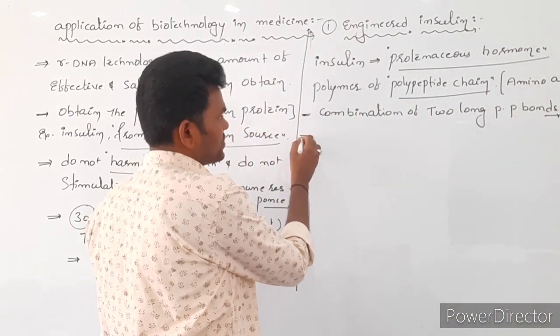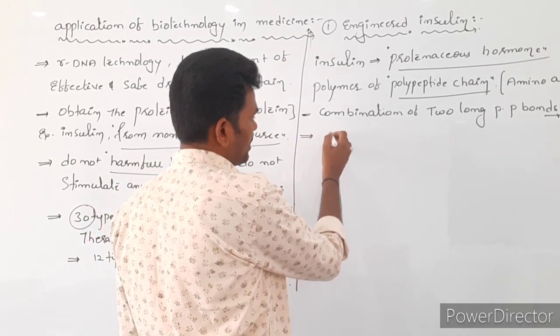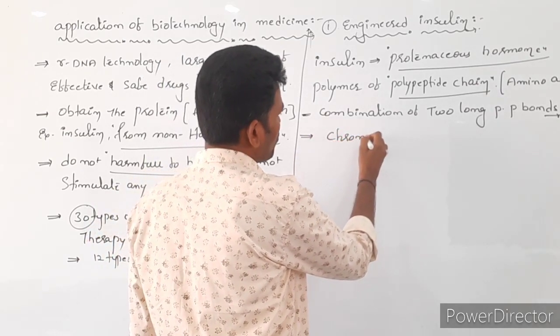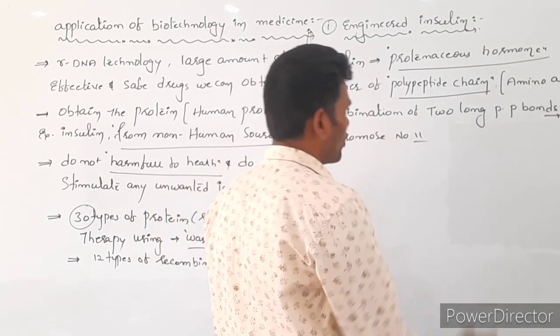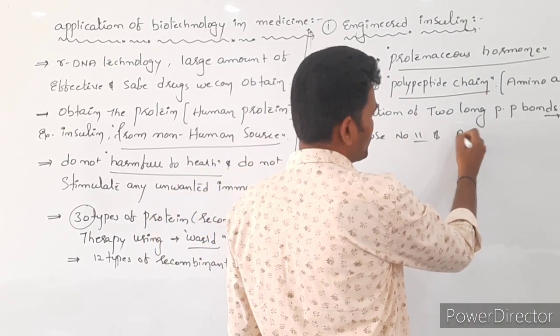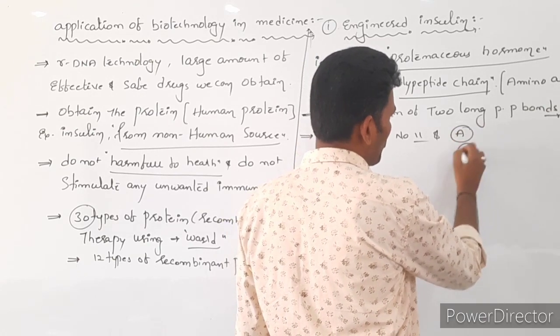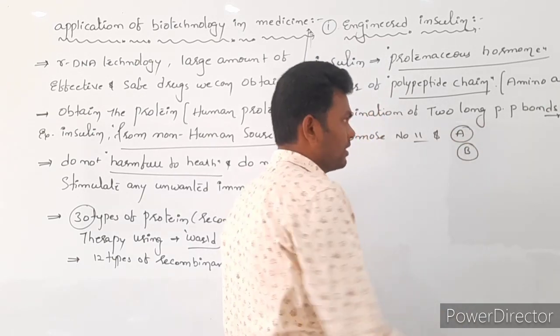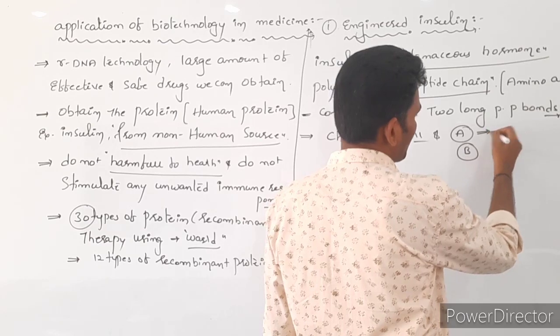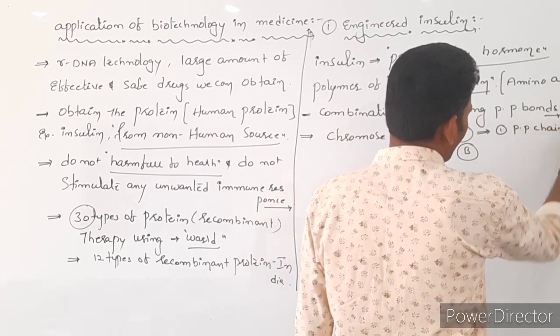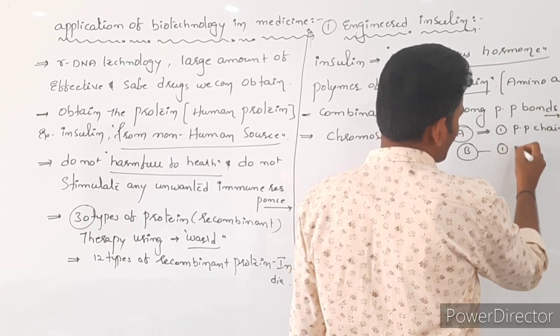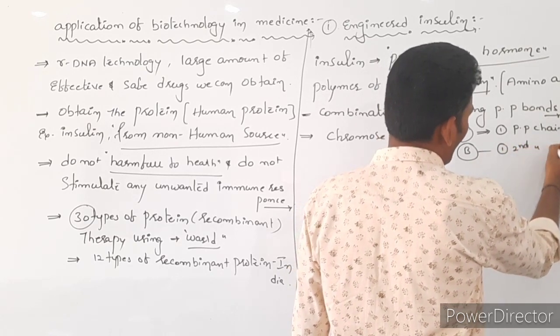Here, the insulin genes are present on chromosome number 11. On chromosome number 11, gene A as well as gene B are both present. Gene A is responsible for one polypeptide chain, and gene B is responsible for the second polypeptide chain.